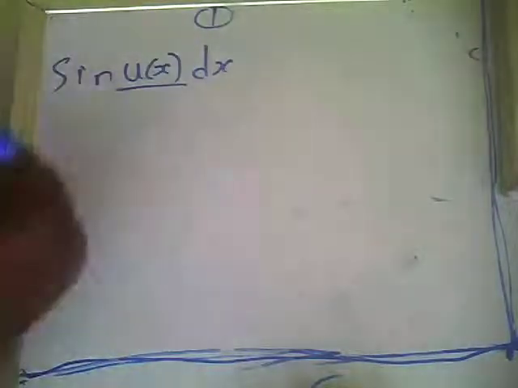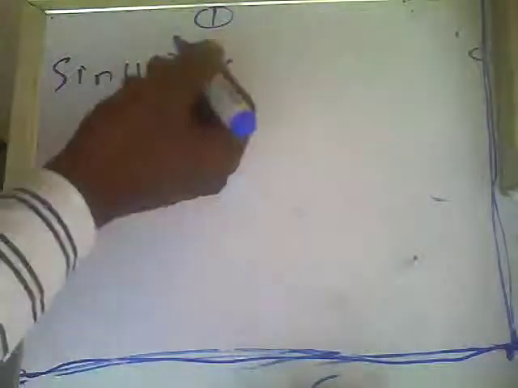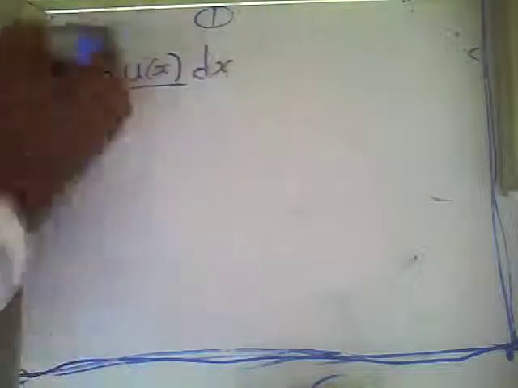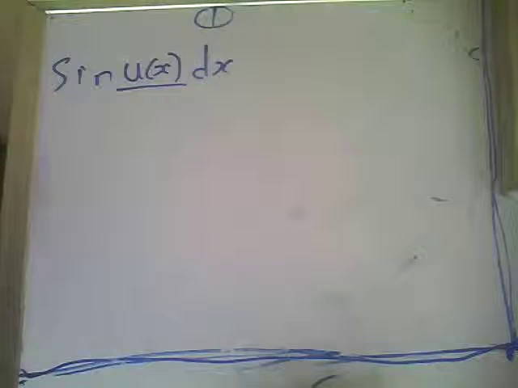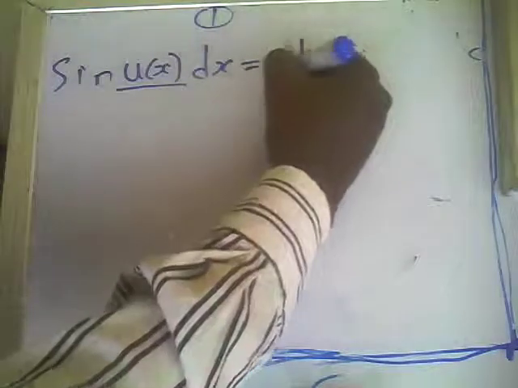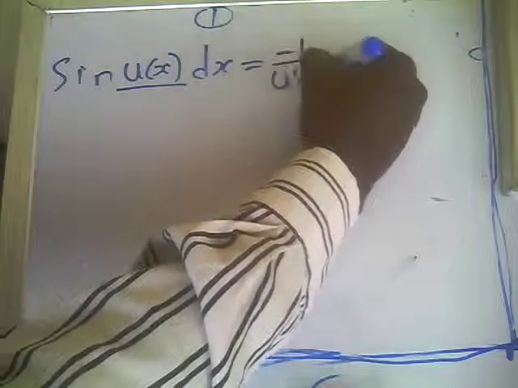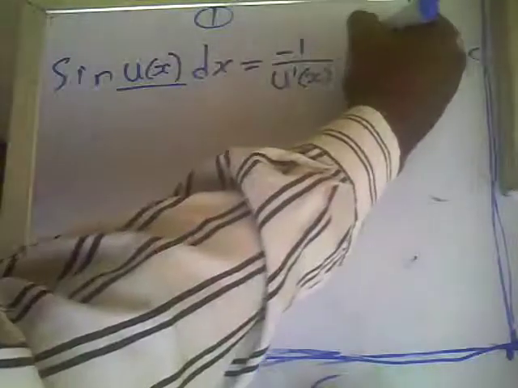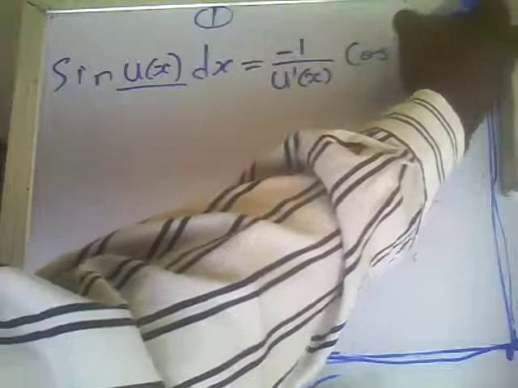I want to integrate a function of a function. What do we do? We first differentiate this function u of x, and whatever we get, we invert it as minus 1 over u prime of x. What is the meaning of u prime of x? It simply means the derivative of u of x. Then cos u of x.